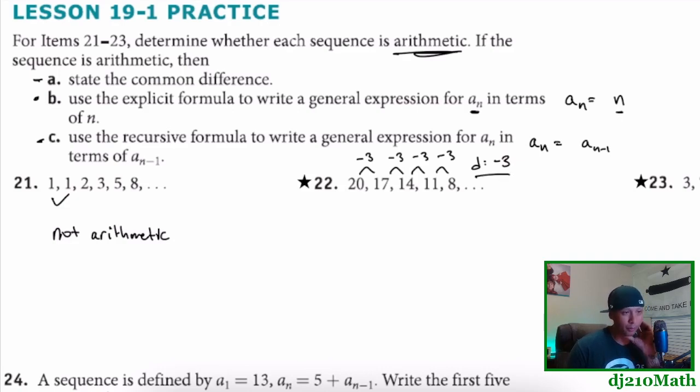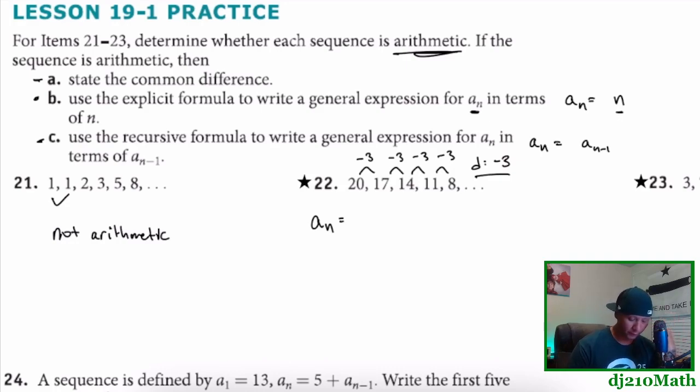All right, now we want to write a formula. So A sub n, any term in this list, we want to be able to plug in a number n. For instance, if I want the first term, I want to plug in n equals 1 and spit out 20.